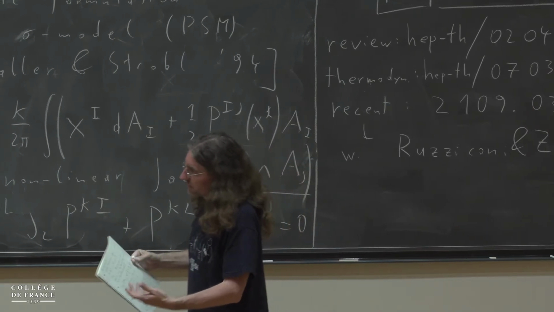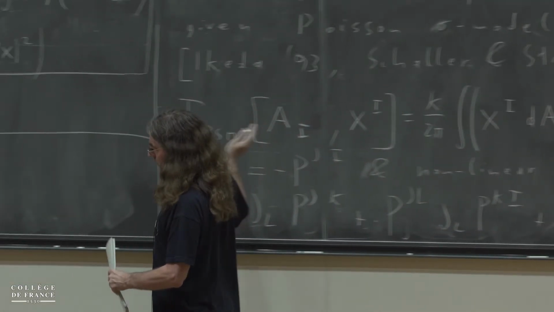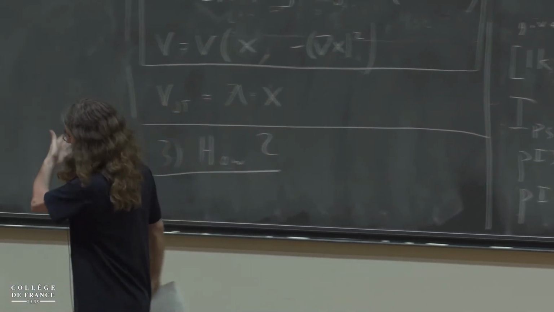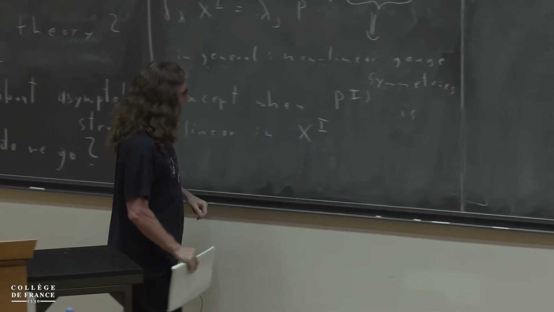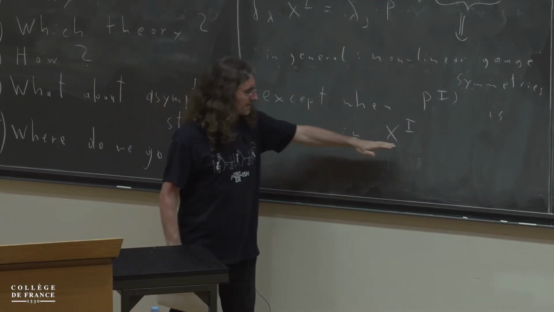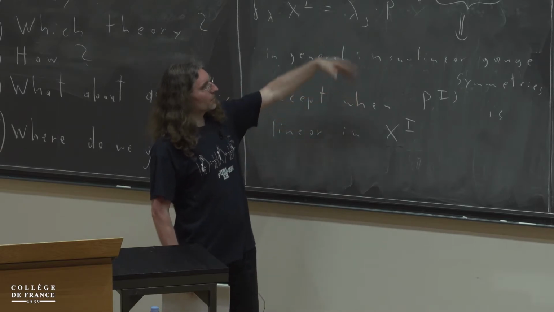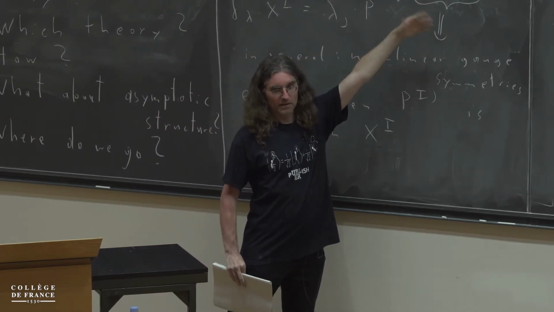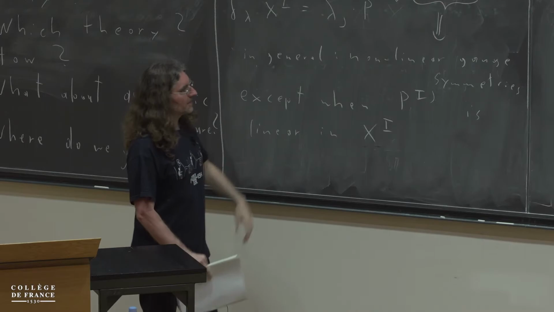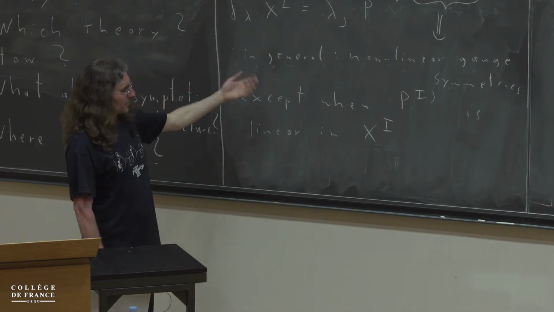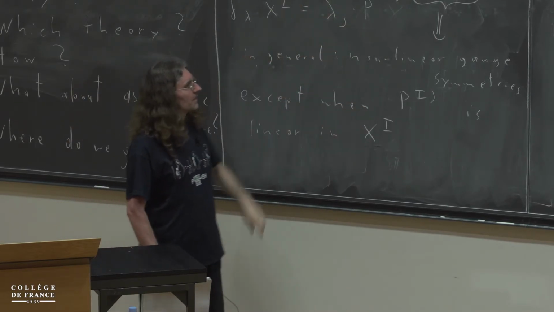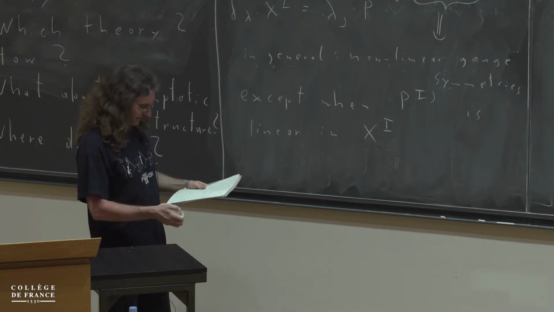So that's a typical sigma model construction. You have a world sheet and you have a target space, and in our case, the target space is a Poisson manifold. So if the Poisson tensor is linear in its target space coordinates, then we do get non-abelian gauge symmetries, but standard Yang-Mills type of gauge symmetries. But if the Poisson tensor is more general, then we get some nonlinear gauge symmetries.